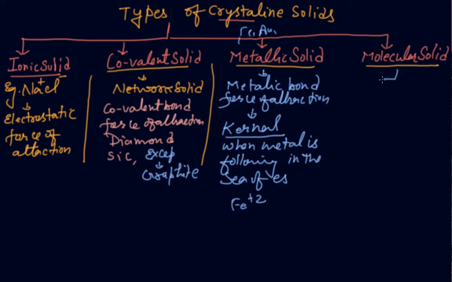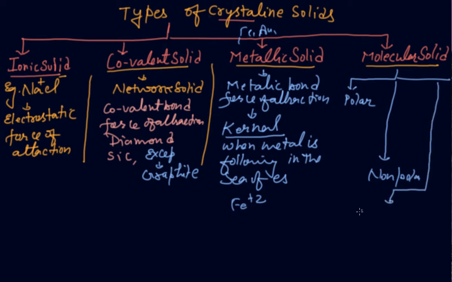Molecular solids are again of three types. One is polar, another is non-polar, and the third one is hydrogen bonded. In polar solid, you know that the example is HCl.